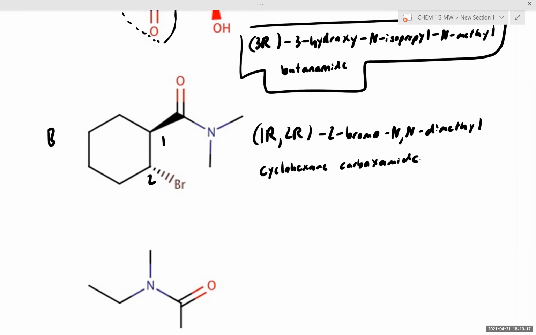What does the class think for this proposed name? You can even name this as cyclohexane-1-carboxamide, though that's slightly redundant. Would anyone have a suggestion for any revisions or modifications to this proposed name?